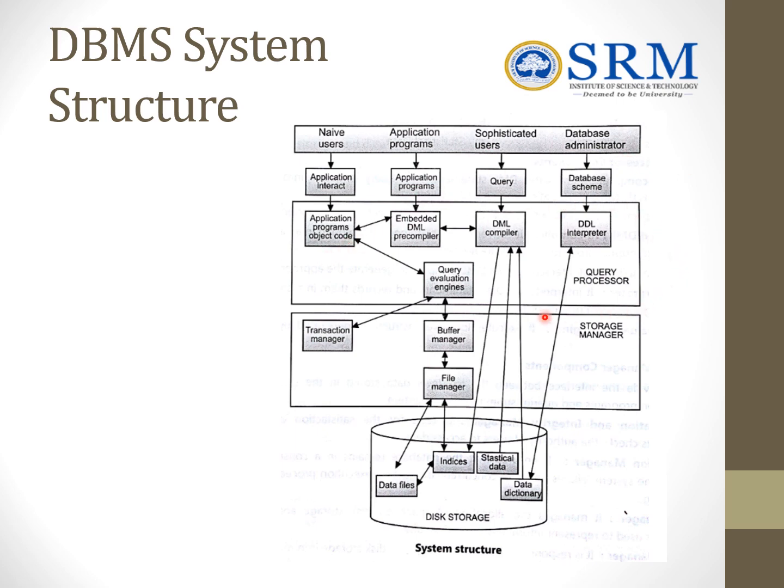Coming to query processing, it includes the DML compiler, embedded DML precompiler, DDL interpreter, query evaluation engine, and then application program object code. Coming to the storage manager, it includes the buffer manager, transaction manager, and file manager. Coming to the disk storage, it includes the data file, data dictionary, index, and statistical data.